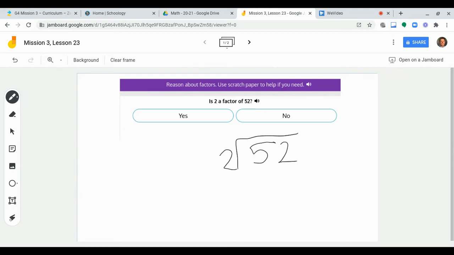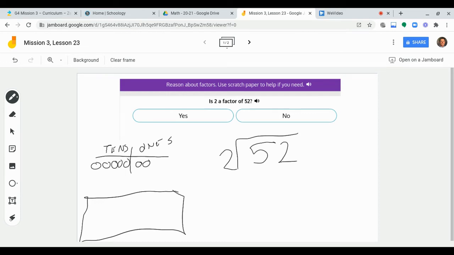Or if you prefer to draw it out, if I had a place value chart with tens and ones, I could put 52, 5, 2, and I'm dividing into 2 groups because I'm dividing by 2.